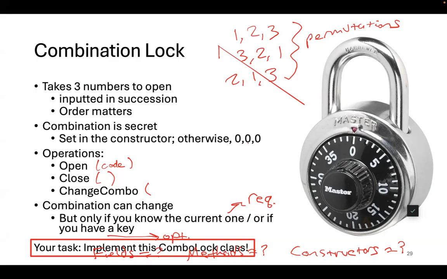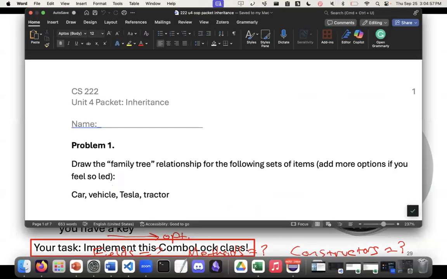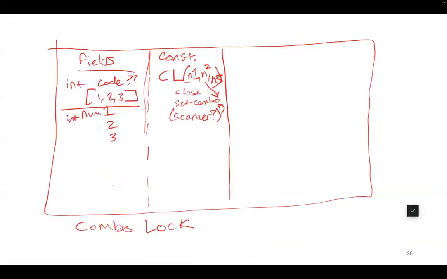Or we could say explicitly that if we have zero parameters in our constructor, then num1, num2, and num3 are all zero. So I'm gonna do that again. We can have a zero parameter constructor where we set the combo to be 0, 0, 0, and then close the lock.